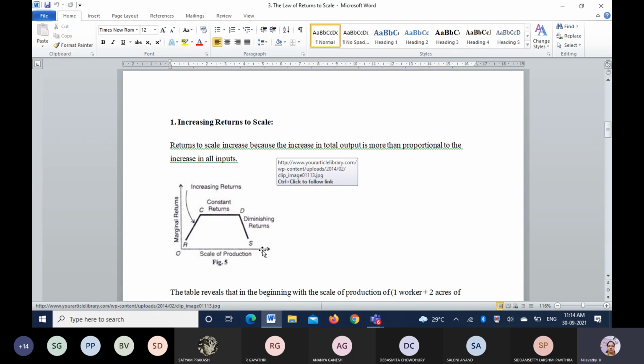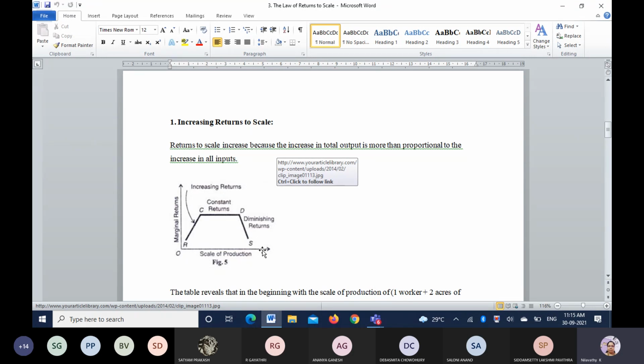But actually, in the long term, if a business is working for 5 years, 10 years, 20 years, they will be having only constant returns. Always they will have a constant concept. And this constant returns is normally accepted in a business.